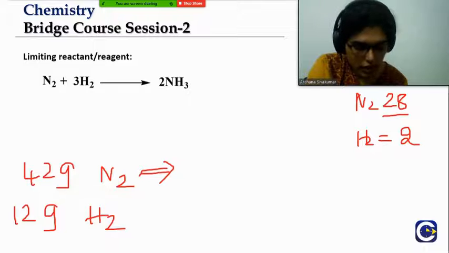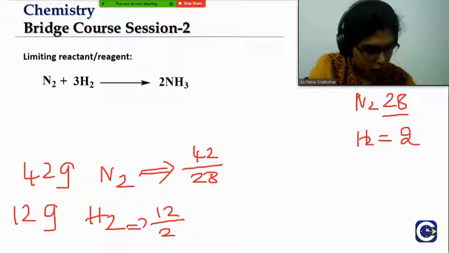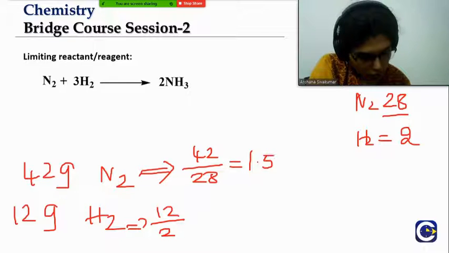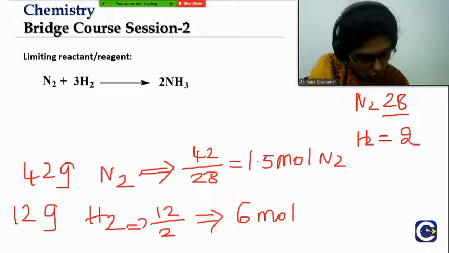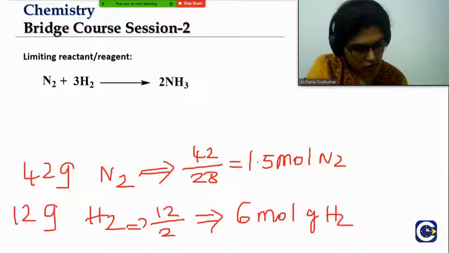Using that, to convert into moles, I will do 42 over 28 for this, and 12 over 2 for this. So I get 1.5 moles of nitrogen and 6 moles of hydrogen gas. That means in the given mass, this is what is present.